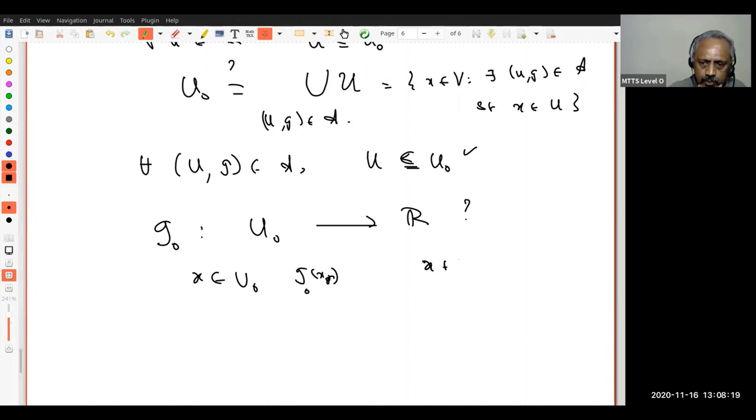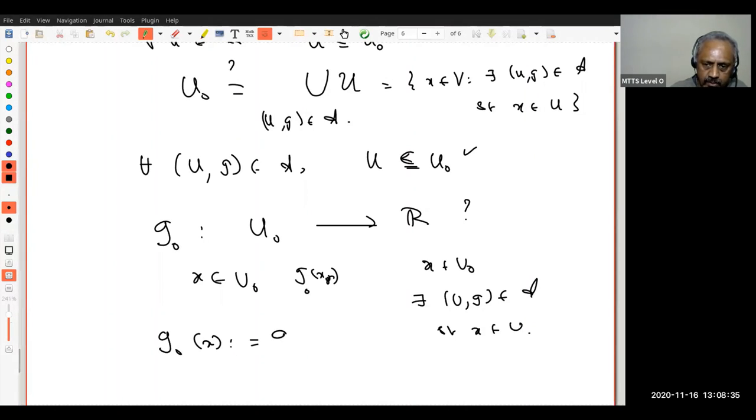Now x belongs to u0. What does it mean? That means there exists u, g in script A, the totally ordered subset chain, so that x belongs to u. Right? Therefore, I define g0 of x to be equal to that g of x. What is this g? This is the g so that u, g belongs to script A and x belongs to u. Pay attention.